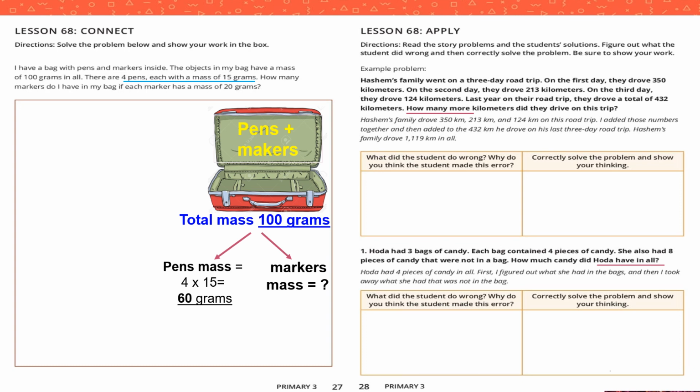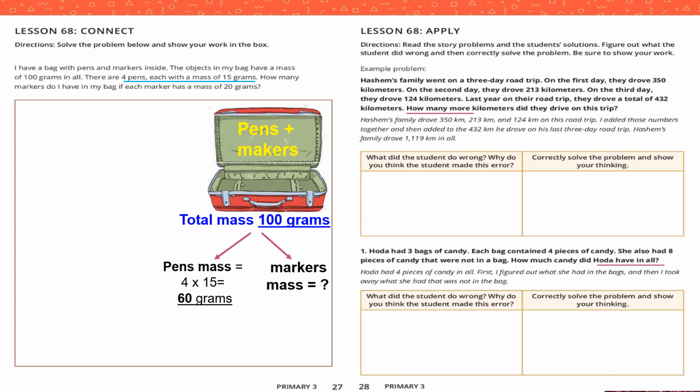And we know how to multiply it. We will put them in vertical way and start multiplying. So the total mass is 100 grams, the pens' mass is 60 grams, because 4 times 15 is 60.